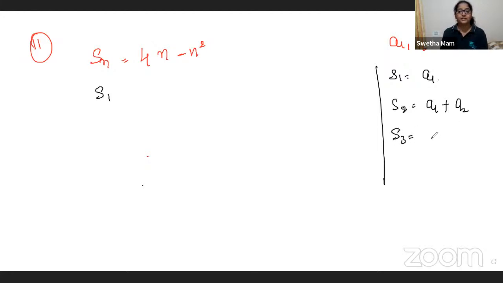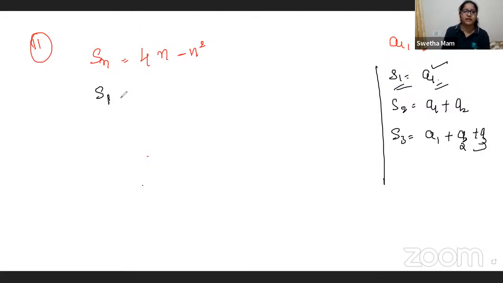What is S3? So you should know that A1 plus A2 plus A3, adding the first three terms, gives S3. Okay children, for the first term, SN and A1 are both the same. Adding the first term means the first term itself, right?